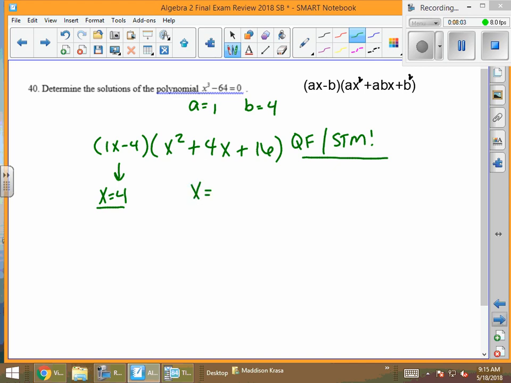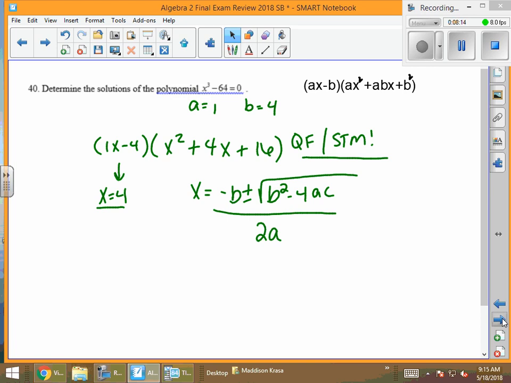All right, so quadratic formula, I'm going to go ahead and put that on here for us. If we pick out our a, b, and c, a is in front of x squared, so in this case a is 1, b is 4, and c is 16.